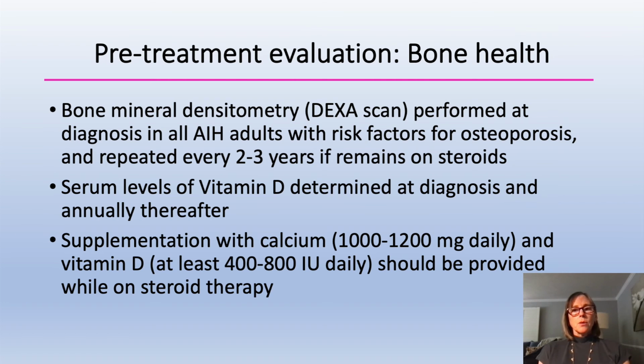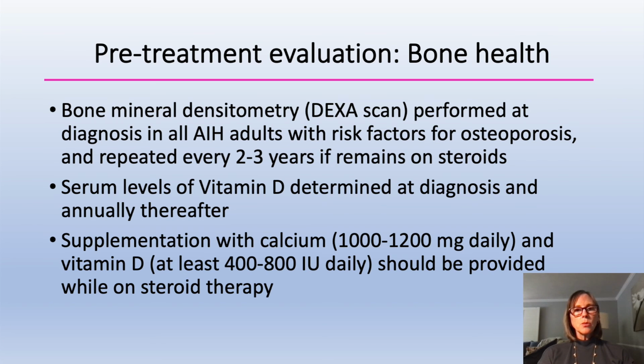Now, what about prior to treatment evaluations? One area that we addressed in detail in the document are guidance statements pertaining to bone health. First, a bone mineral densitometry or DEXA scan should be performed at diagnosis in all adults with autoimmune hepatitis who have risk factors for osteoporosis or thinning of the bone.